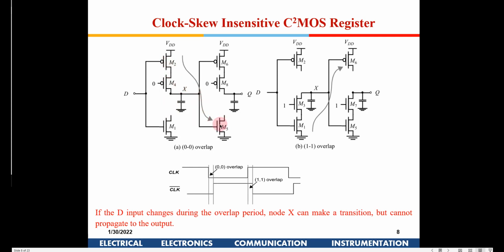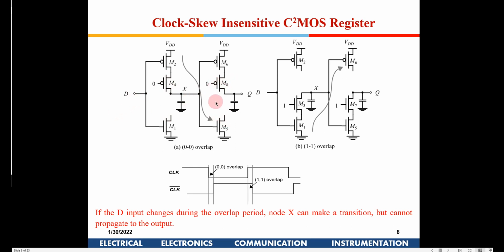So for 0-0 overlap, D is not transparent out here, although these two transistors are on at the same time. Clock is 0, so this PMOS is on, NMOS is off, whereas this NMOS is off.